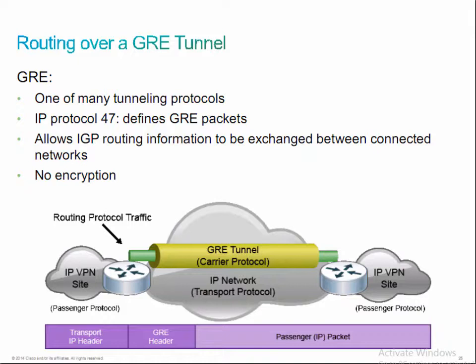We have a version field. We have a protocol type, which could mean IPv4 or IPv6. Basically, what am I encapsulating inside of GRE? There's a checksum field. There's a key field that contains things like application-specific key values, and then we have a sequence number and so on.